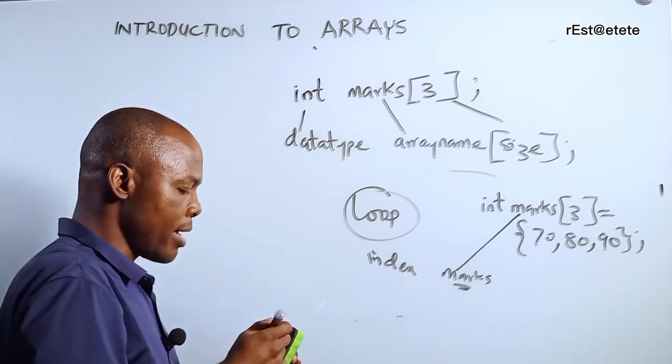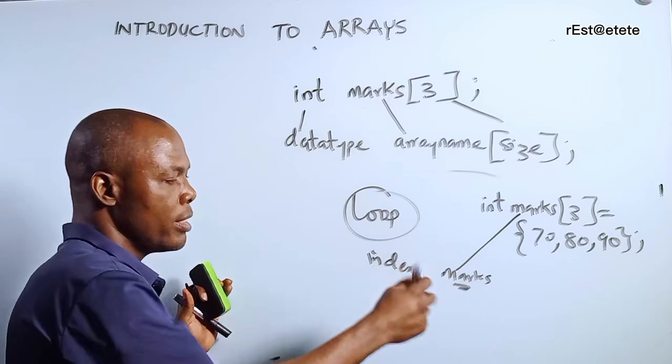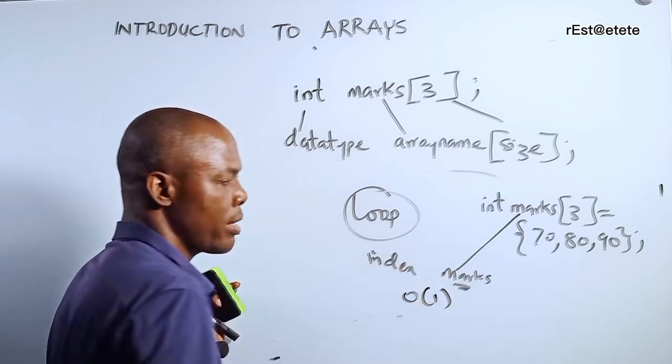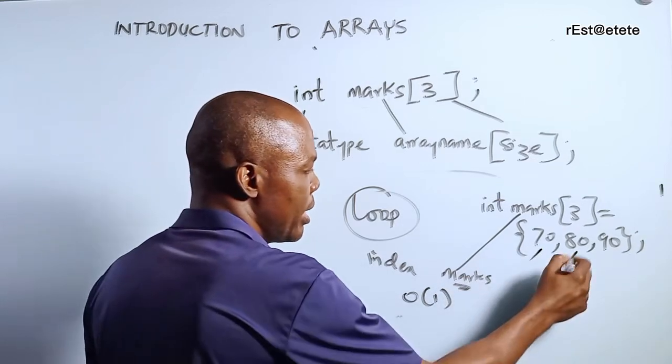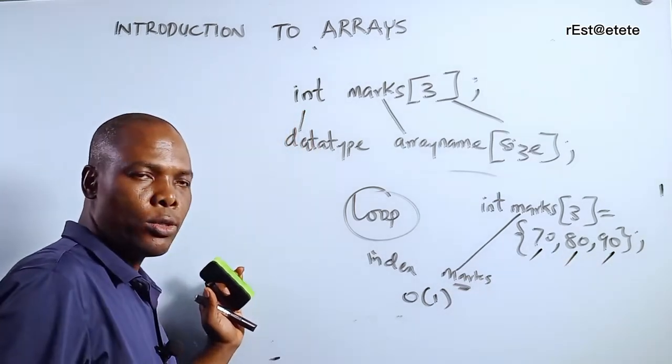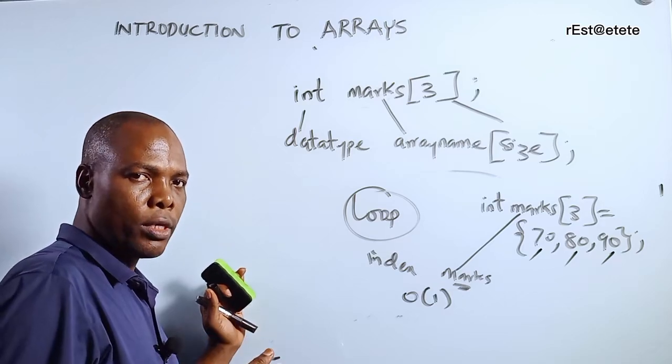And then the time complexity is what? O(1), meaning the same time is required to access this 70, 80, and 90. So that is what an array does.